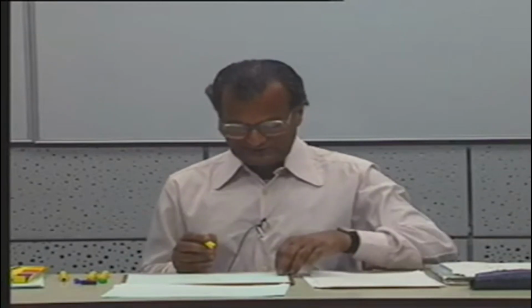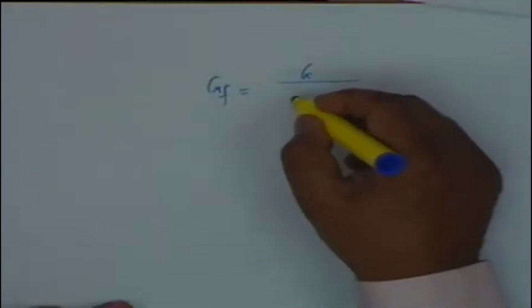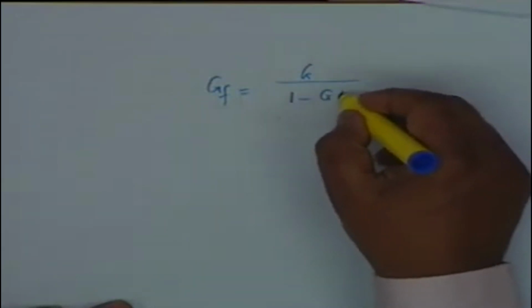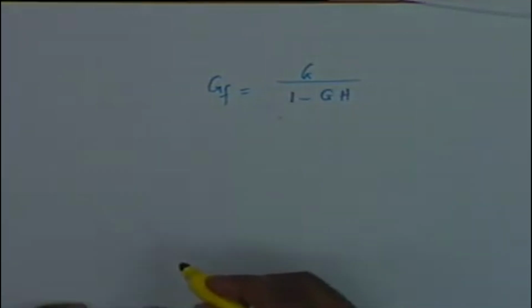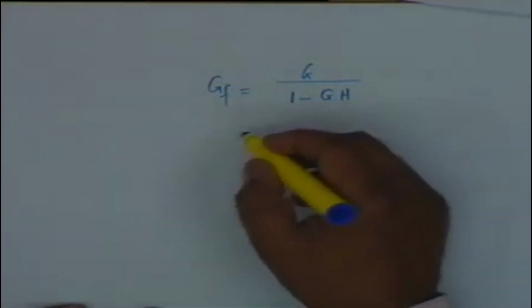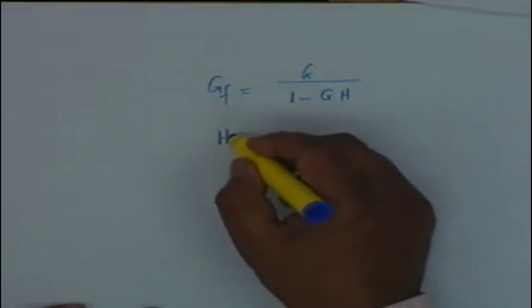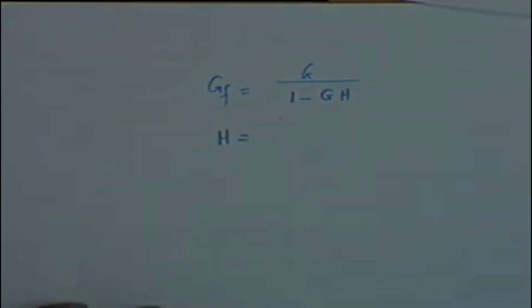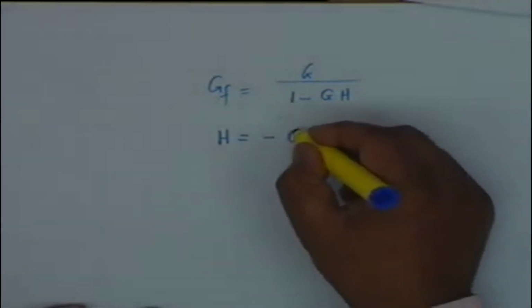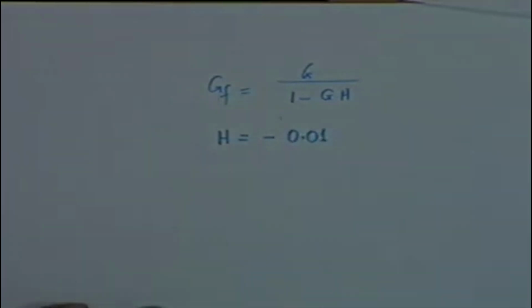So it desensitizes gain. To take a more concrete illustrative example, suppose you have a feedback amplifier whose gain is G by 1 minus GH. Let's say H equal to, if it is to be negative feedback, then H must be negative. Suppose H is minus 0.01, a very small fraction, 1% of the output fed back to the input.